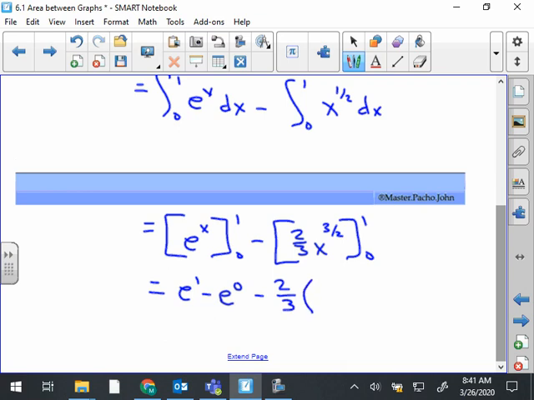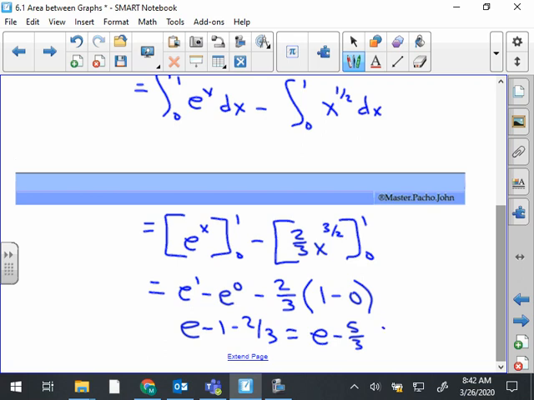And then when we plug in 1, we'd get 1. When we plug in 0, we get 0. So when I evaluate this, I get e minus 1, and here I just get minus 2/3. And simplifying all that, we got e minus 5/3.